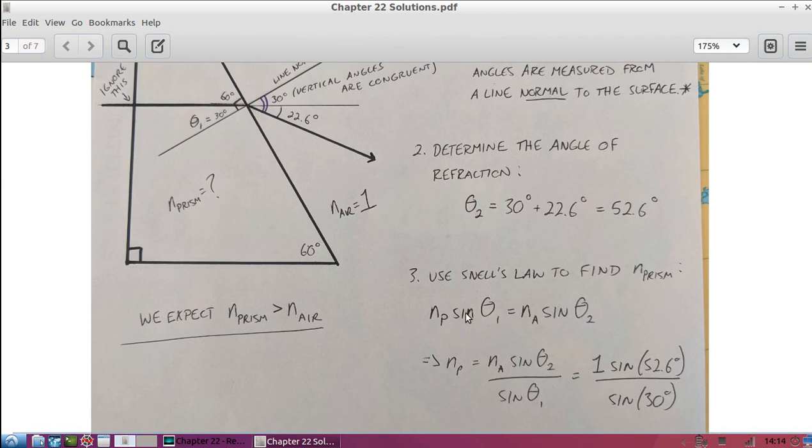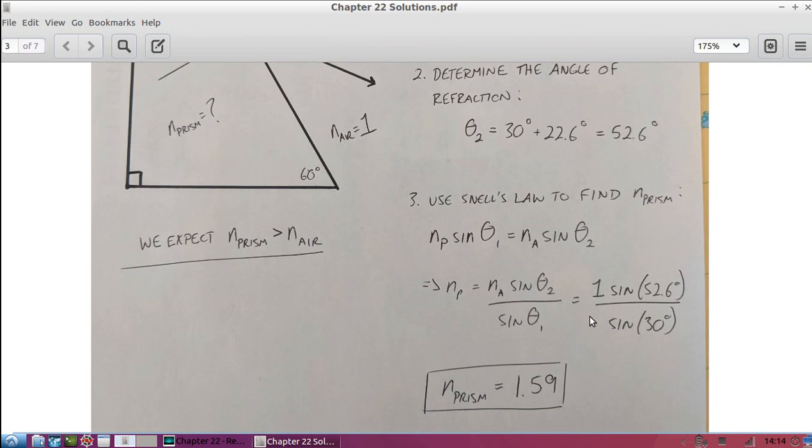So all I have to do now is divide both sides by sine theta 1. Plug in my values. 1 for air, 52.6 degrees for the refracted angle, 30 degrees for the incident angle. The index of refraction for the prism is 1.59, which is good. We expect it to be higher because the refracted angle was larger than the incident angle. And it's a prism, and we're dealing with the other medium being air, so we expect it to be higher than air.